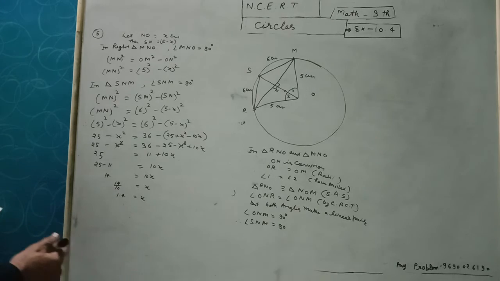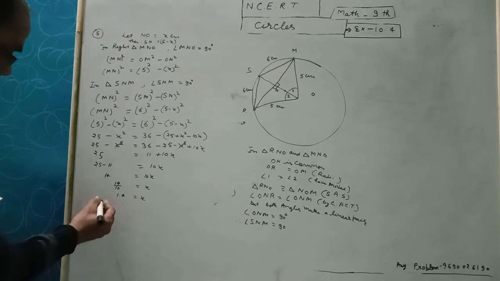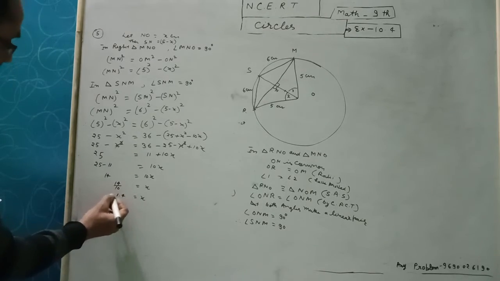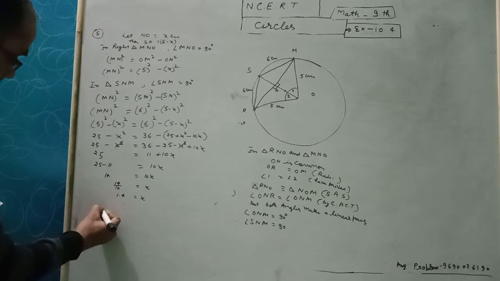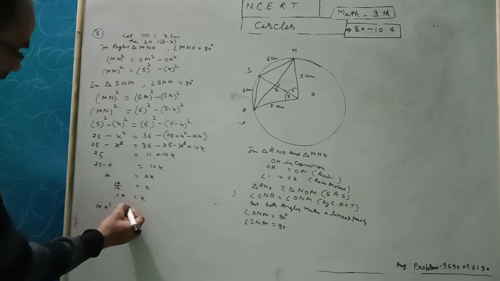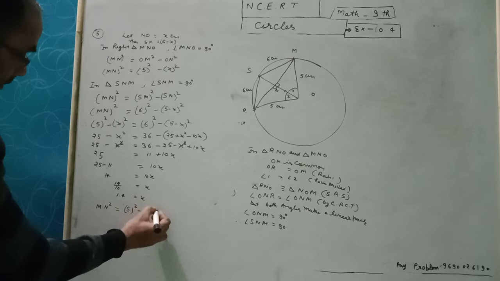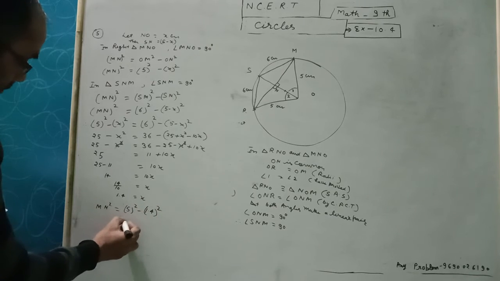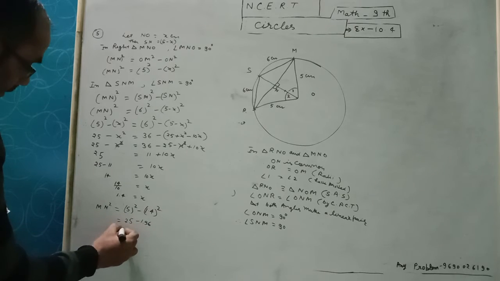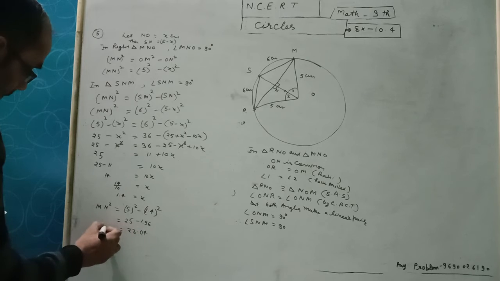x value is ON. Putting the value of x in, MN square is equal to 5 square minus 1.4 square, which is 25 minus 1.96, that is 23.04.